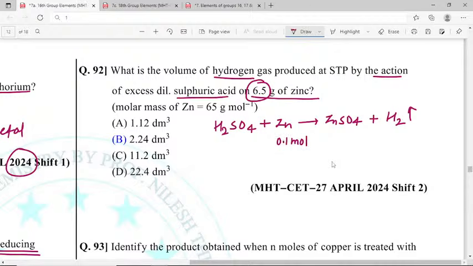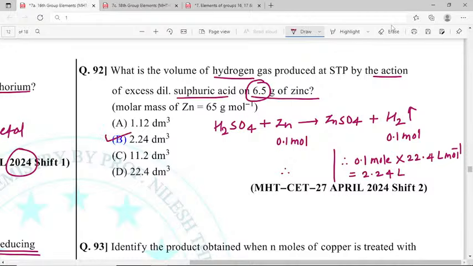Hydrogen should be 0.1 mole. Therefore 0.1 mole multiplied by 22.4 liter per mole gives 2.24 liter. Liter stands for dm cube. So this is your answer.